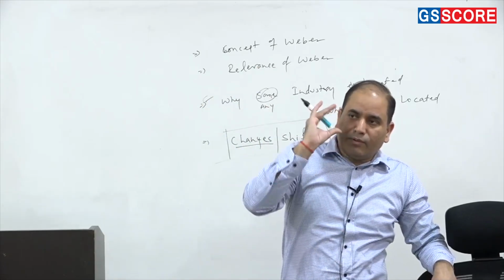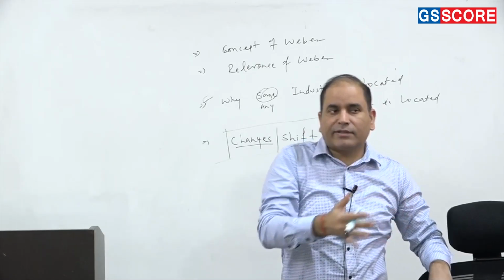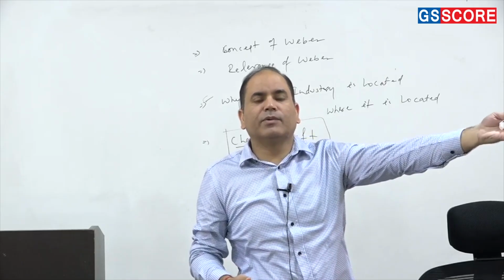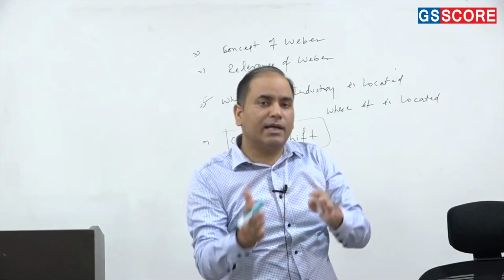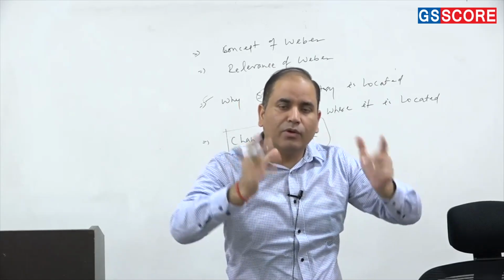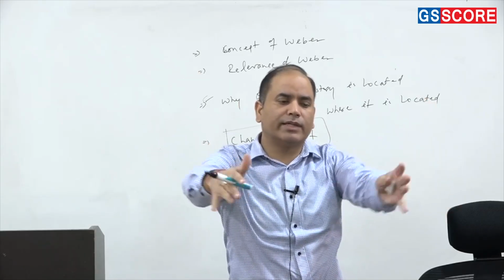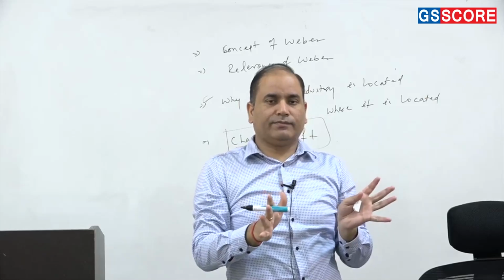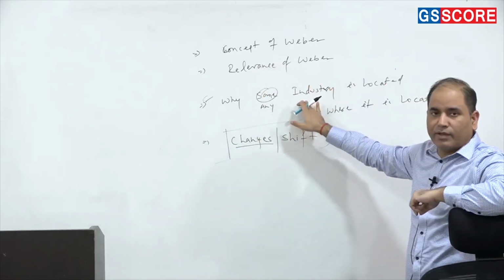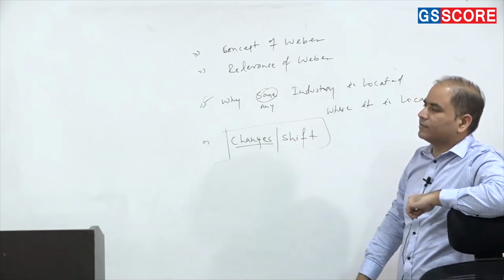So in one way or another the examiner is giving you a hint: कि लास्ट कुछ सालों में ज्यादा से ज्यादा शुगर मिल्स कहां पे ओपन हो रही, पेनिनसुला में, तो इसका मतलब पहले कहां ओपन हो रही थी. So you need to know the location, why the industry was located where it was located, and then the shift. So here the relevance of Weber, particularly Weber's theory, and then the changes and shift.